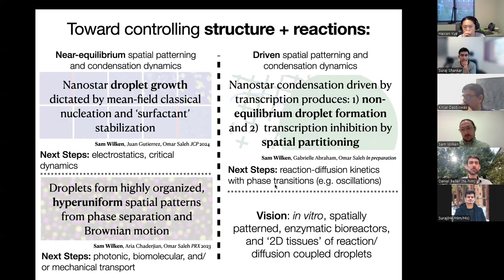I have a question about your DNA nanostar, which is structured like that, so it seems that the interaction between the nanostars is anisotropic. When they meet and match that direction, they can bind, and if not, they cannot.